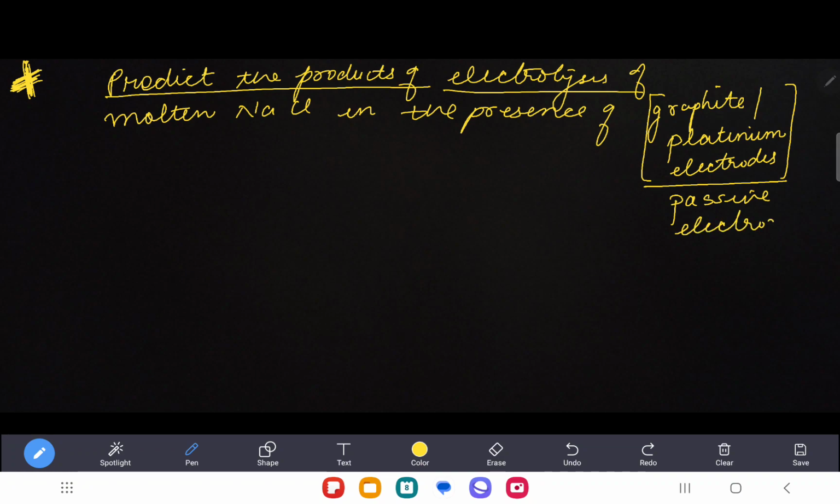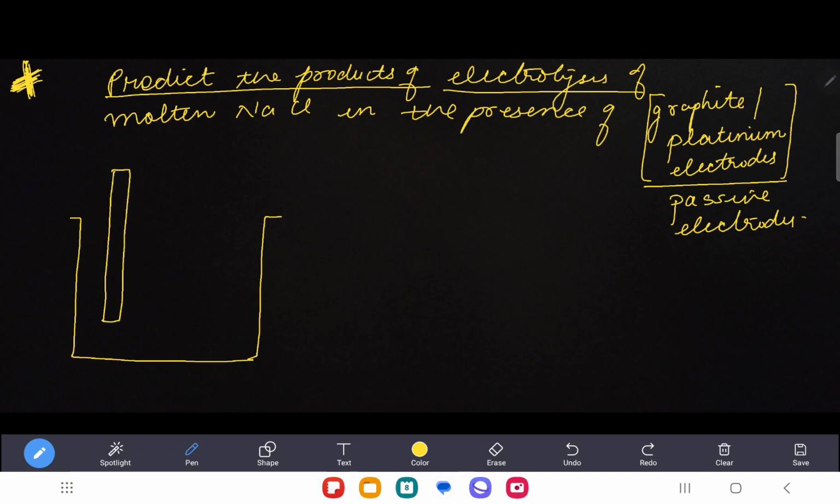You understand? So what am I doing? I am taking this beaker. I am making the two rods. One rod I am connecting to the positive terminal of the battery. So this red one is a battery, the positive terminal, and this is the negative terminal.